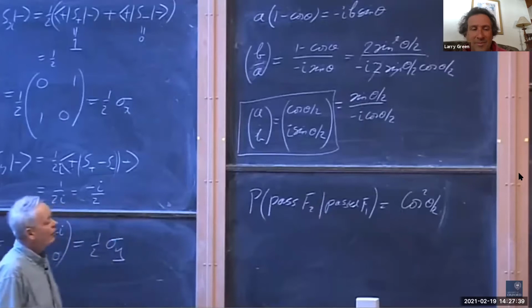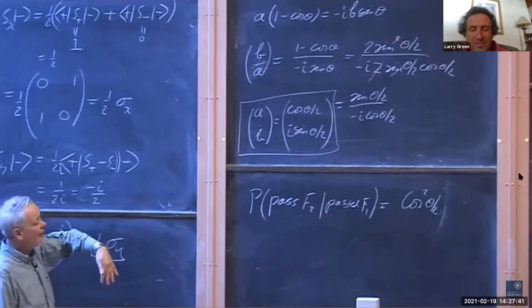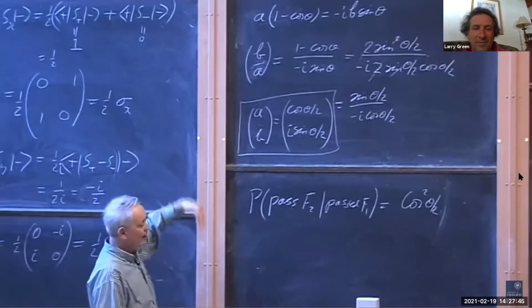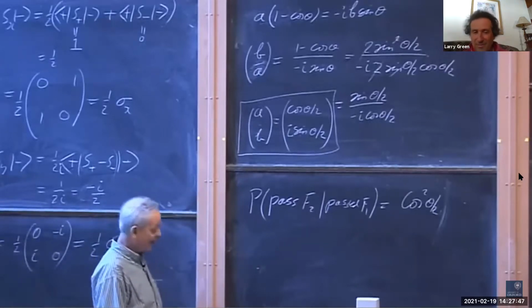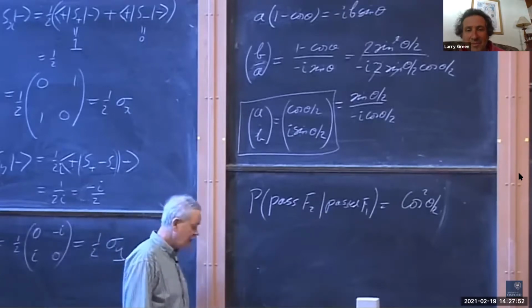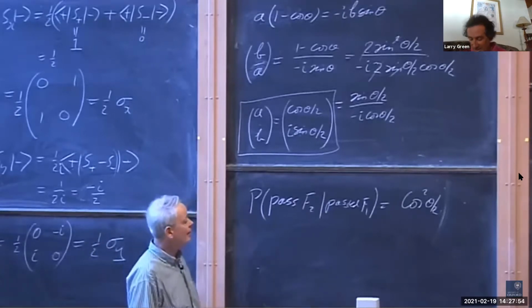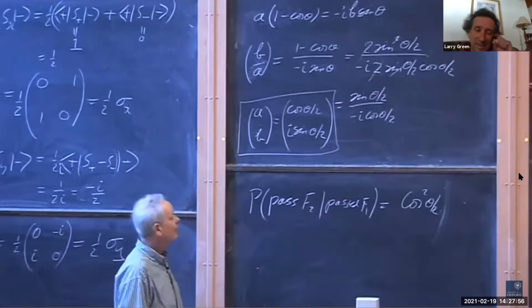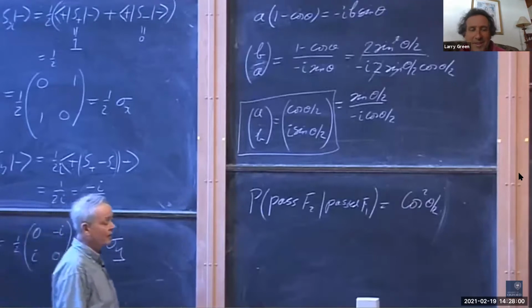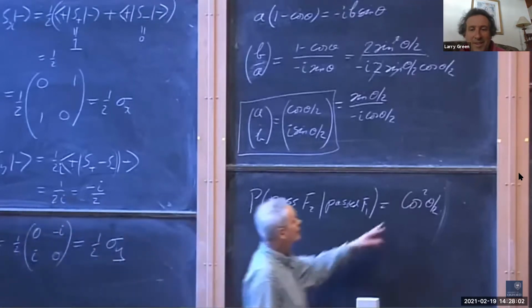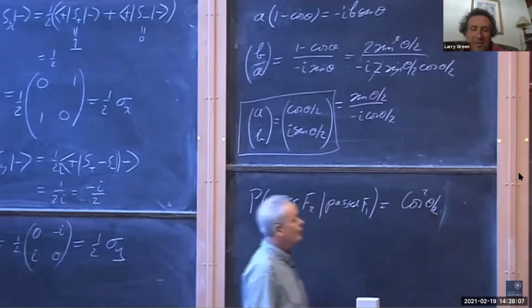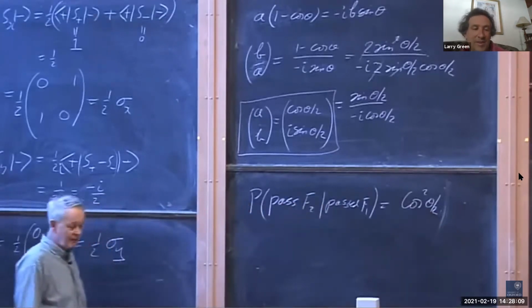If theta is pi, then n is pointing in the minus z direction. So getting plus a half in the direction n is equivalent to getting minus a half in the direction z. But we know for certain that we're going to get plus a half in the direction z, so the probability of this happening is 0. And indeed, cos squared pi upon 2 is nothing. So that makes sense.